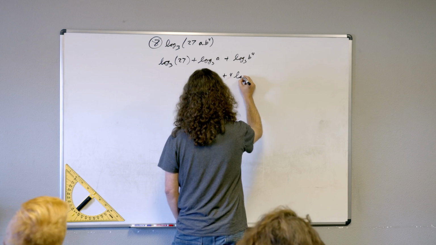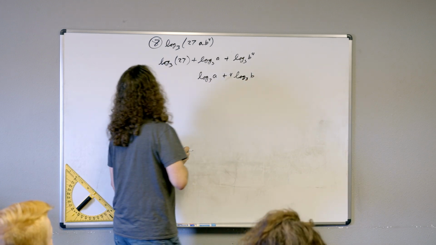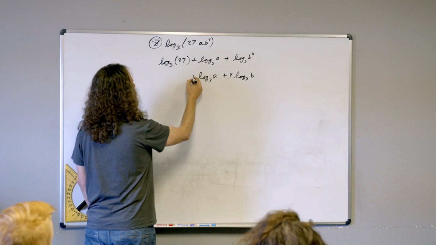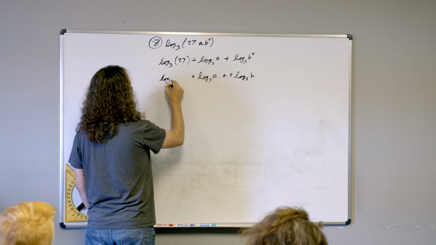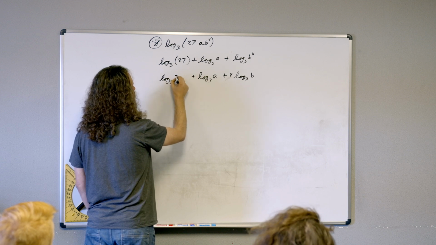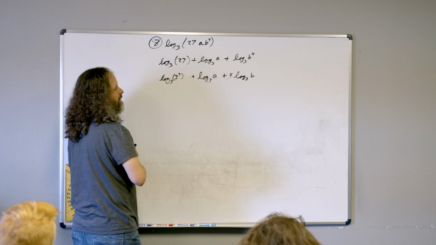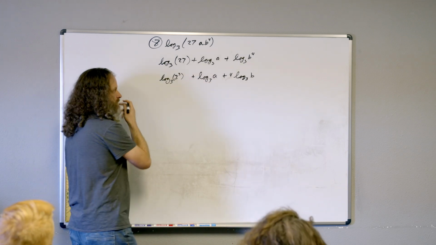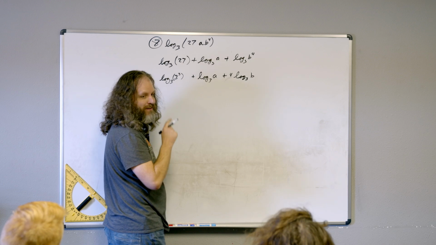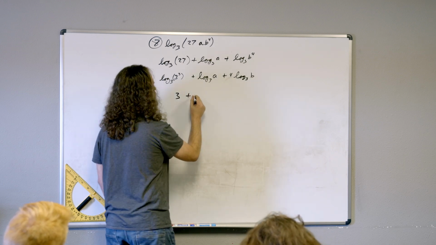No, not divided by, but you're on the right track. 3 goes into it, because 27 is 3 to the 3. Yes, it's because this could turn into the log base 3 of 3 cubed. Now what can we do? And then you take that 3 out to the front. And then the log base 3 of 3 is 1, so it's just a 3. All true. Nice.